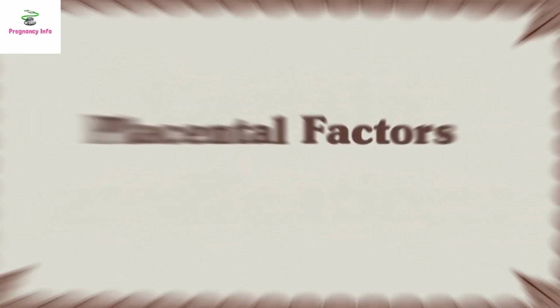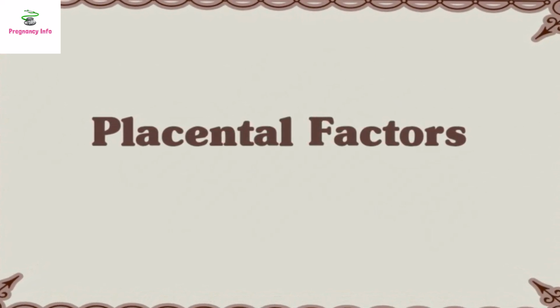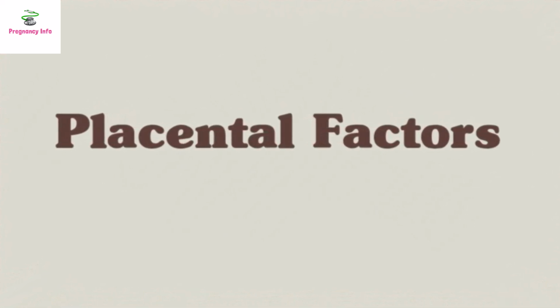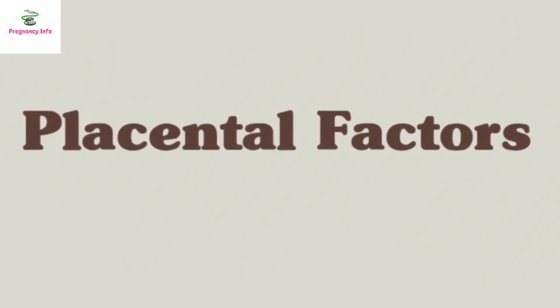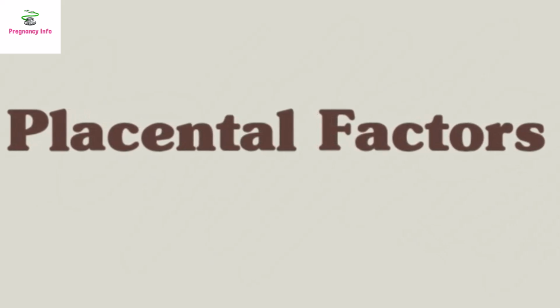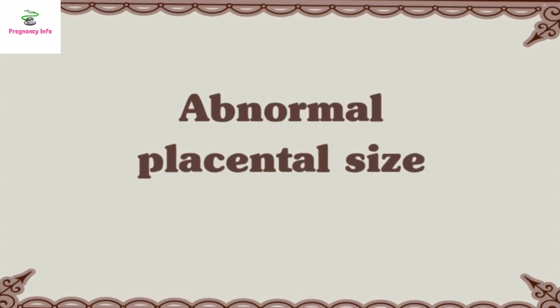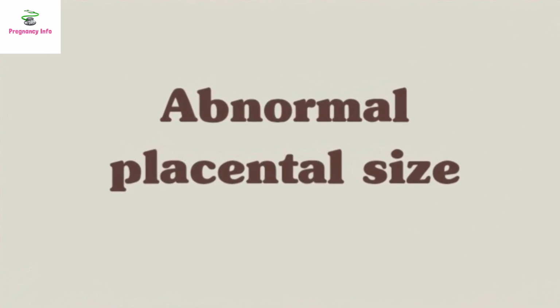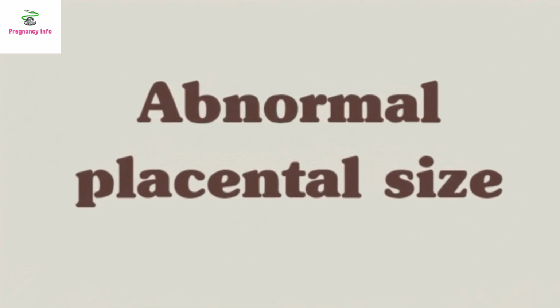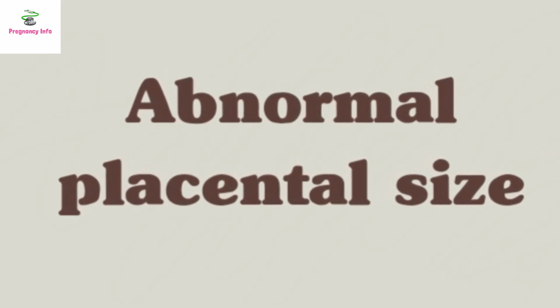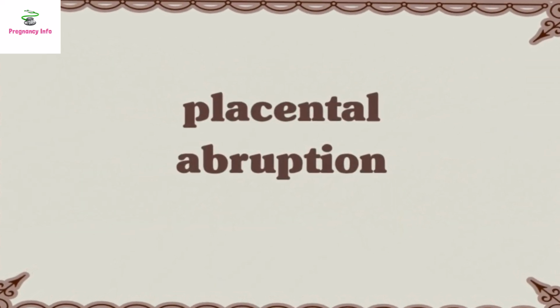Now we are discussing placental factors. The placenta, which provides oxygen and nutrients to the fetus, can sometimes function abnormally, contributing to IUGR. These issues include: number 1, abnormal placental size. A smaller placenta may not be able to provide adequate nutrition to the growing fetus. Placental abruption.